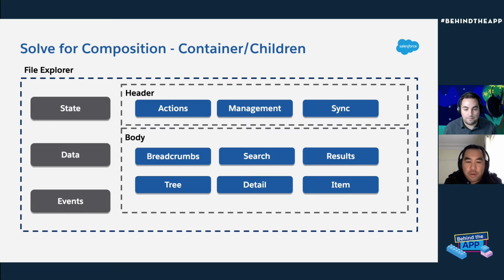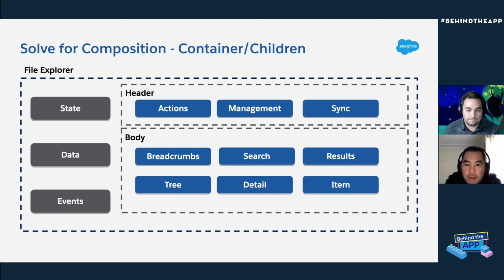So the File Explorer has a container, i.e. the File Explorer, and that is the main component that manages state, data, and the events, because we know that components communicate up via events and down via methods.